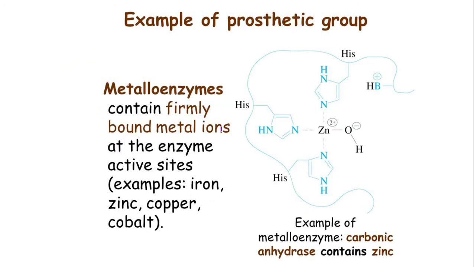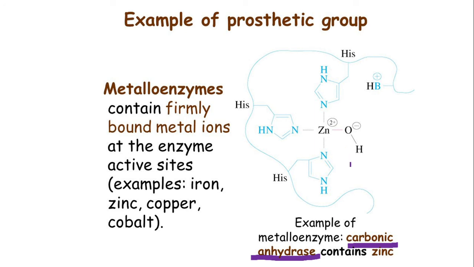And again, the prosthetic group of some other enzyme. You can see here carbonic anhydrase. What is carbonic anhydrase? You know that carbonic anhydrase is responsible for conversion of carbon dioxide and water into carbonic acid, and it will help transport of carbon dioxide from the tissues towards our lungs much easier.